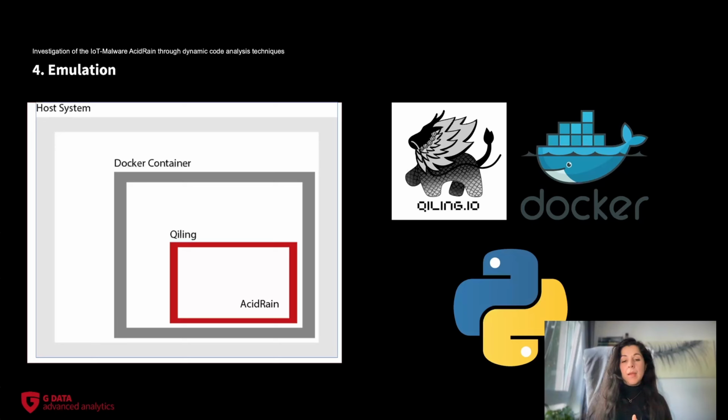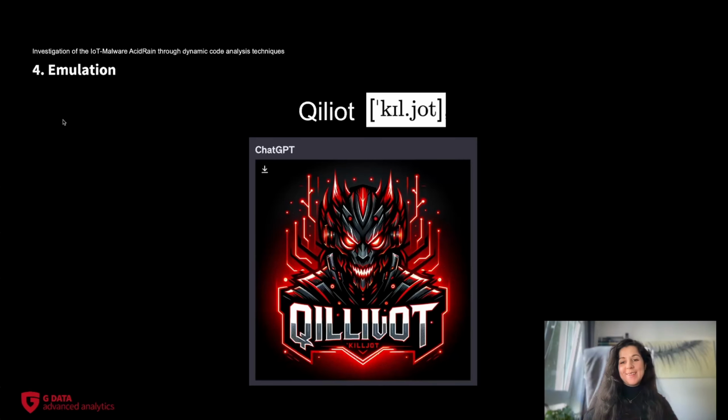I use Python for developing my script, and I called my project Qiliat. I love to give my project a logo, but I ran out of time to design it myself, so I had a little bit of help from ChatGPT.